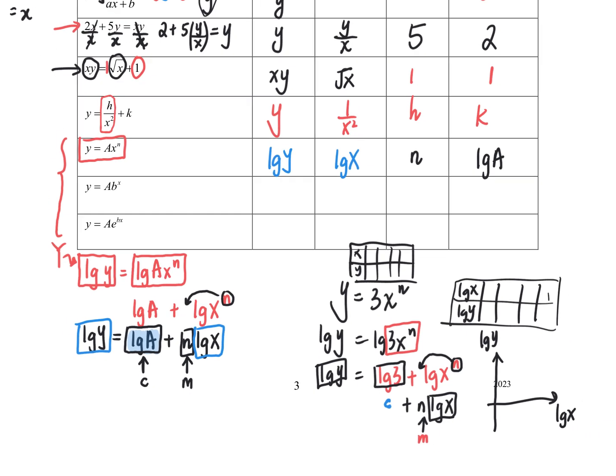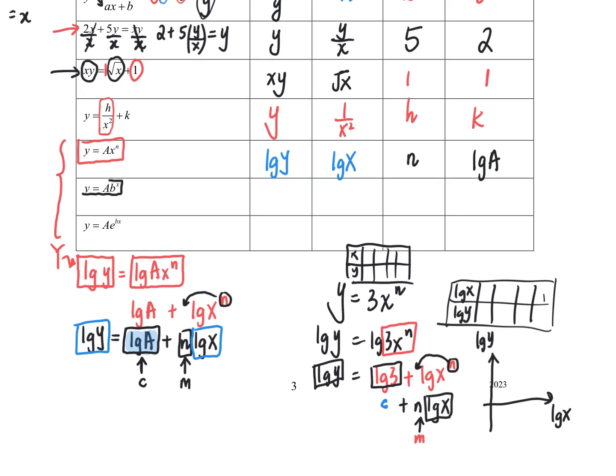Okay? So what about this one? Same thing, if I ln now, it's the same rule, it will be ln A plus x ln B. Ln or log is the same. Okay? So what is my y-axis for this example?